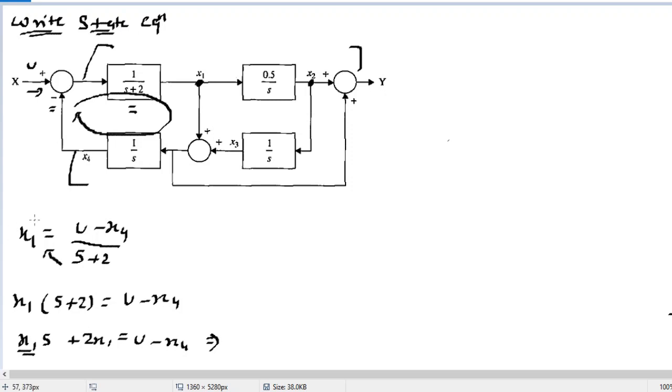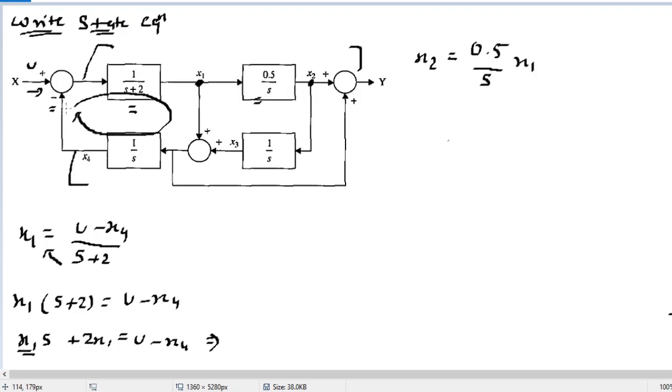So what signals are entering x2? The only signal entering x2 is x1, the same block as before. This is the element that x2 has.